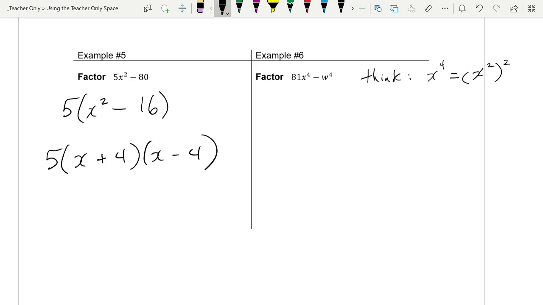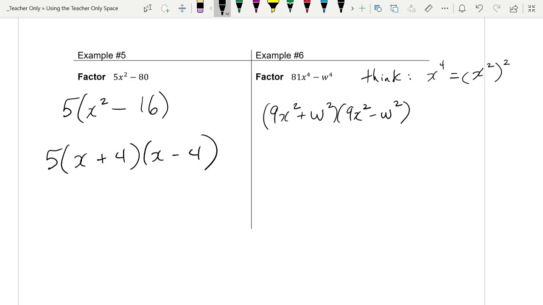What do you do with exponents when you take the power of a power? You multiply them, right? So this is like saying 9x squared and 9x squared, and then plus w squared and minus w squared. Oh, look at that.